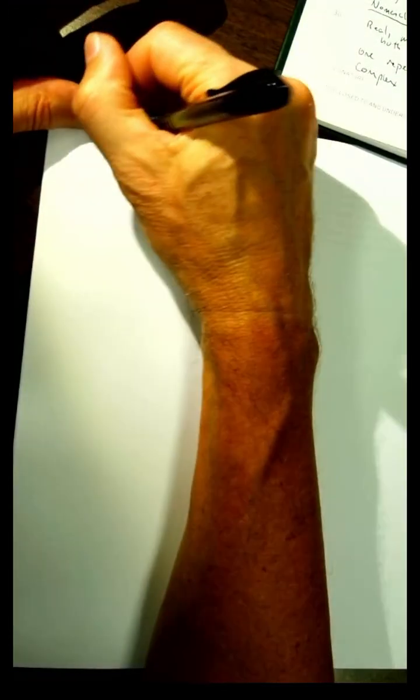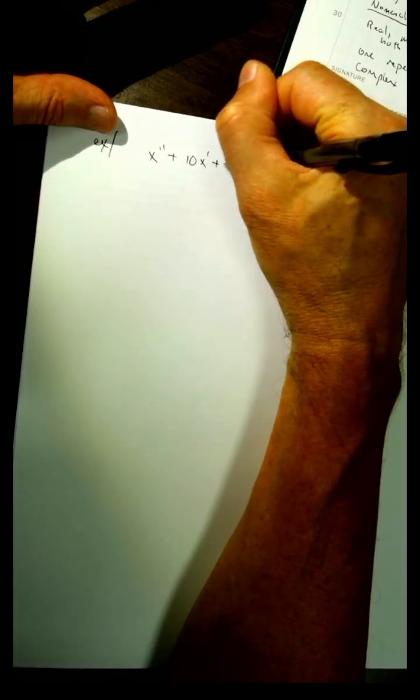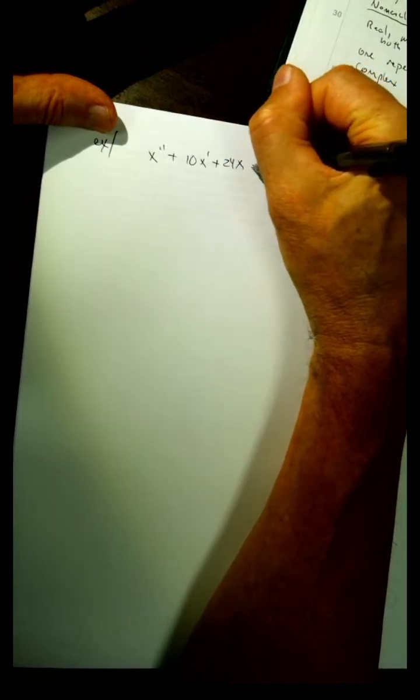So let's look at another example. In this example, we're going to use x double prime plus 10x prime plus 24x equals 0. But we're going to include a little bit of extra information. X of 0 is 2 and x prime of 0 is 1. So far what we've done is we've found a general solution.